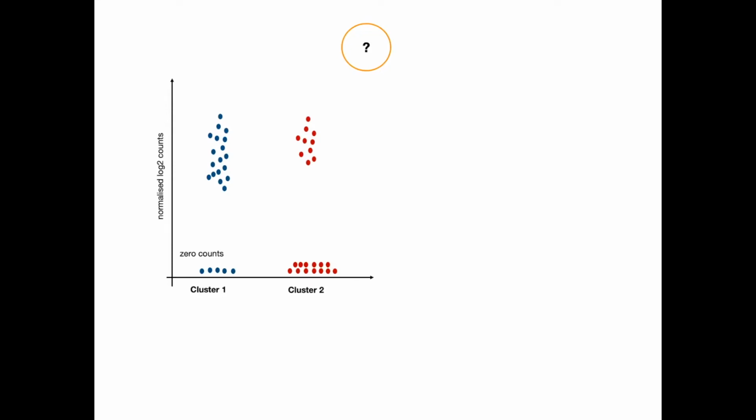The other issue is that in single cell data, it quite often looks like this. Would you say that this is a significant change or not? If you just count the proportion of cells in the 2 clusters that express the gene, it might actually be a significant change, even though the level of expression is the same in both cells.